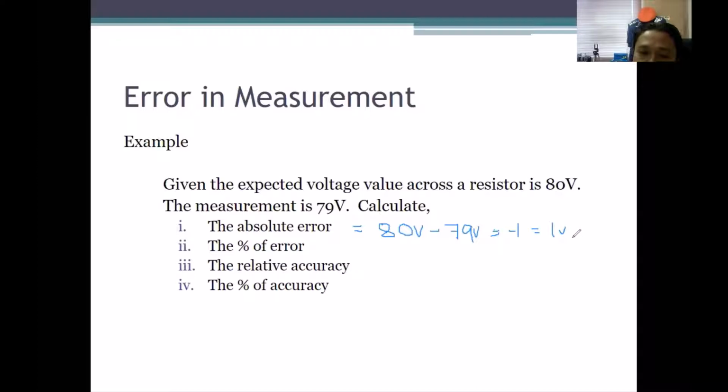And then you have to calculate the percentage of error: 1 divided by 80, where 80 is the expected voltage, multiplied by 100. The answer is 1.25%.